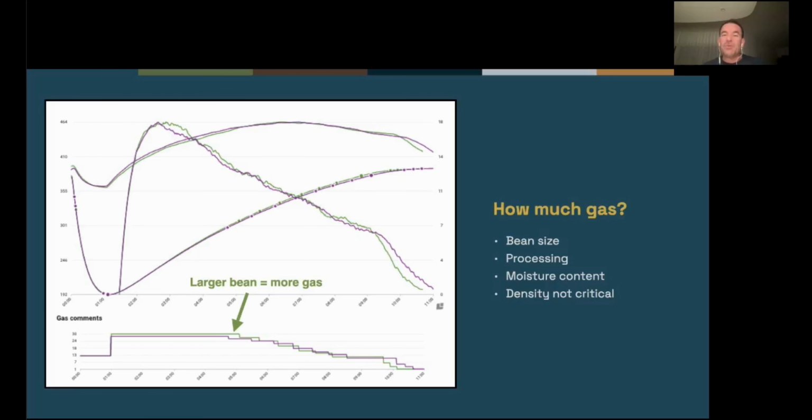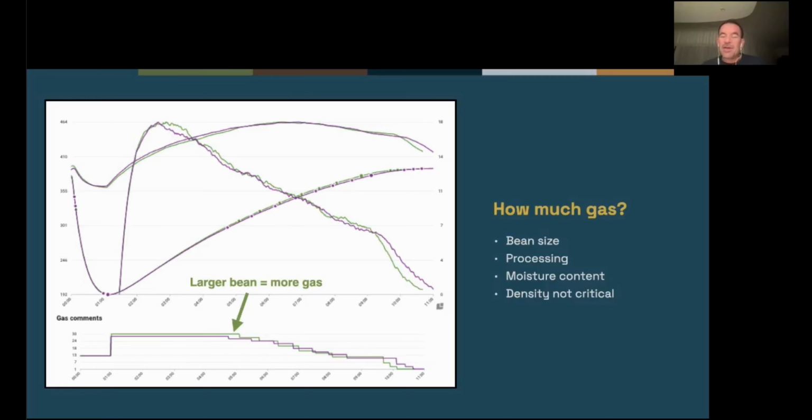But when you look at the proper density reading, you will find that most specialty high-grown coffees don't vary that much in density. So let's say all the beans in your roastery might have a density range of about 20%. So that's not much. Little shifts in density are not going to change how much energy you need to roast the coffee.